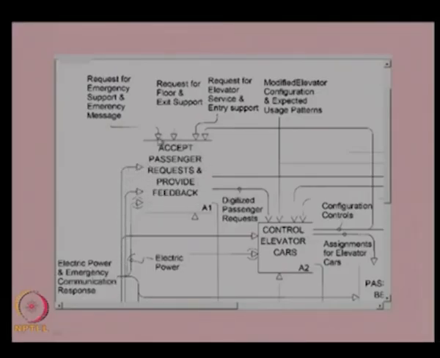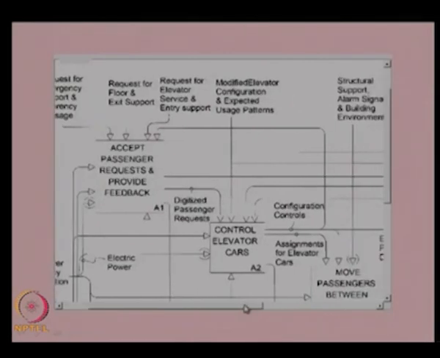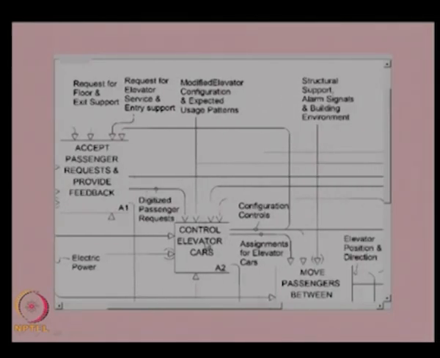So these are the inputs coming to this, and from here we will be getting many outputs, and some of the outputs will be going to function A2. As you can see here, one of the outputs from this function is digitized passenger request. So here the passenger request is digitized and sent to the next function called control elevator cars. This is the function A2, and you can see there are other inputs also coming, like modified elevator configuration and expected usage pattern.